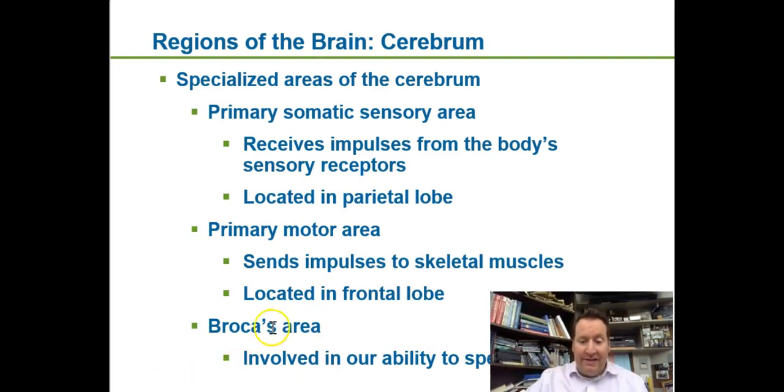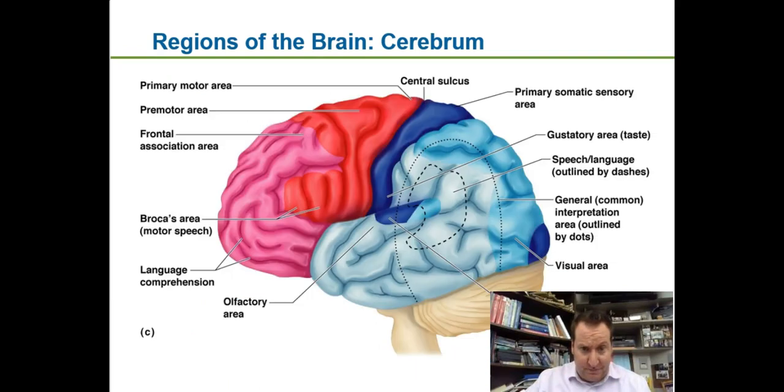This Broca's area that's here, I'm going to talk about in just a little bit. What we can see here on the brain, on the back of the frontal lobe, is this area that we call the motor cortex. And on the front of the parietal lobe, we have this area that is the sensory cortex.